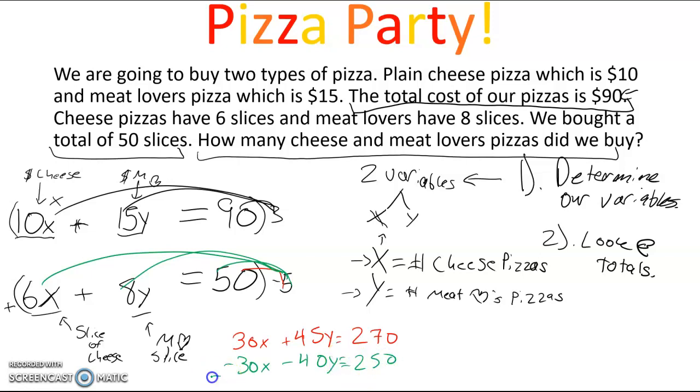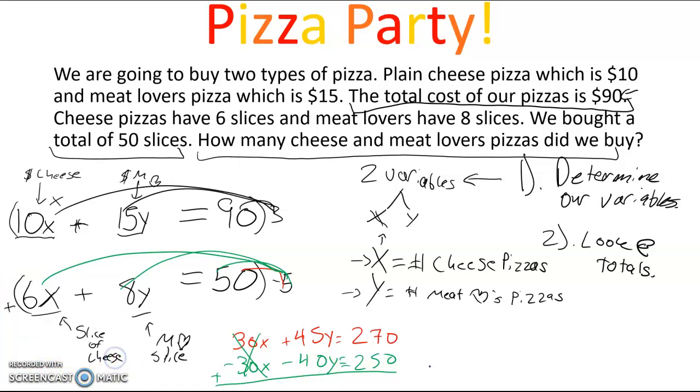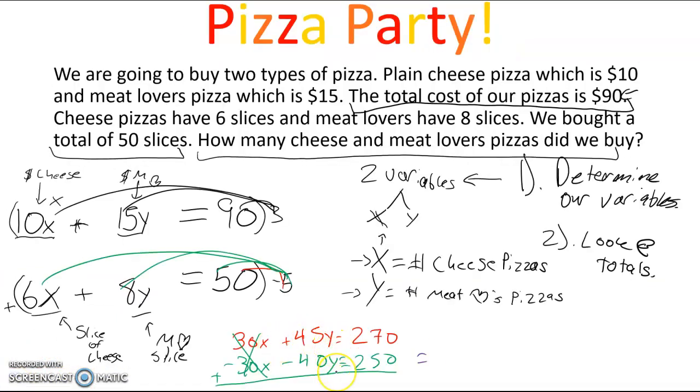Now, if I add these together, I see that my 30s cancel out. Then I start adding the rest. I do 45y plus a -40y, and I'll do the rest in purple, that just gets me 5y.